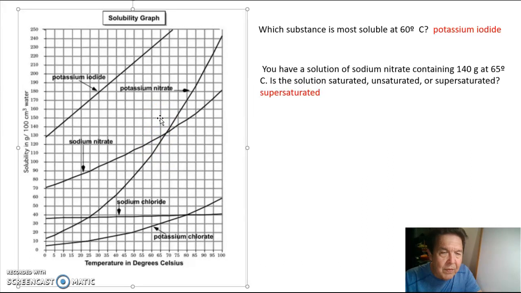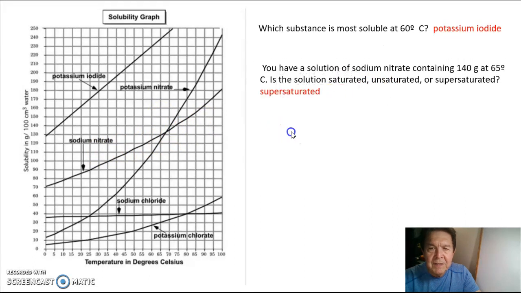Well, according to this, it is this point. This point is above the curve. Then we can say that this solution is supersaturated. Remember that solutions on the line are saturated, above are supersaturated, and below are unsaturated.